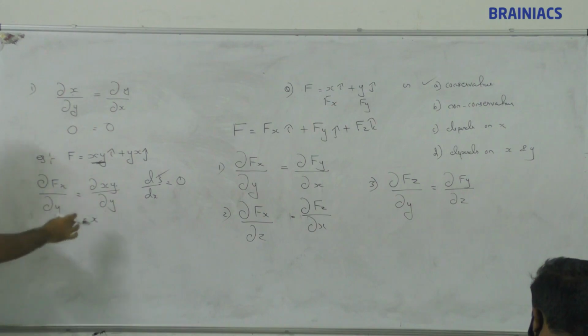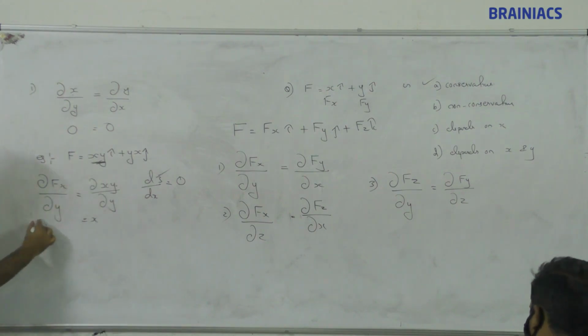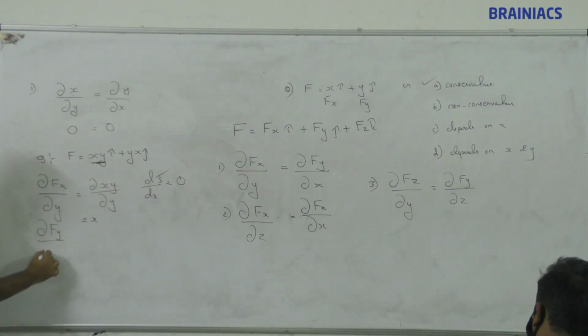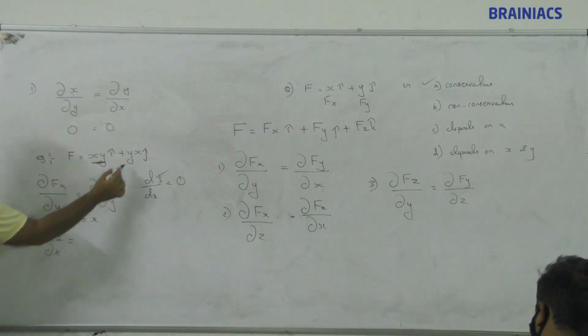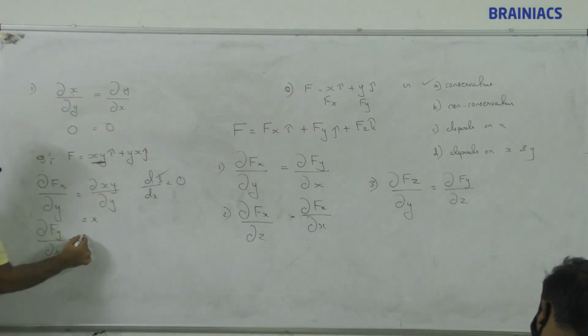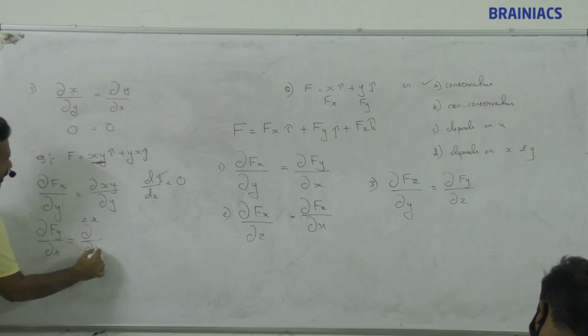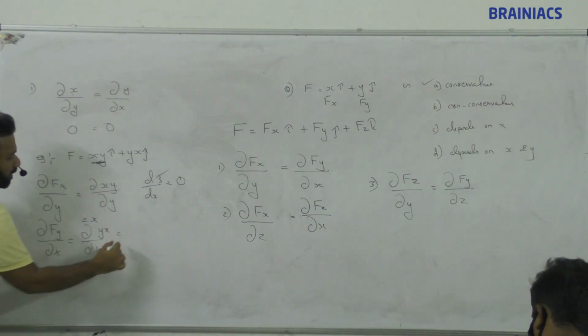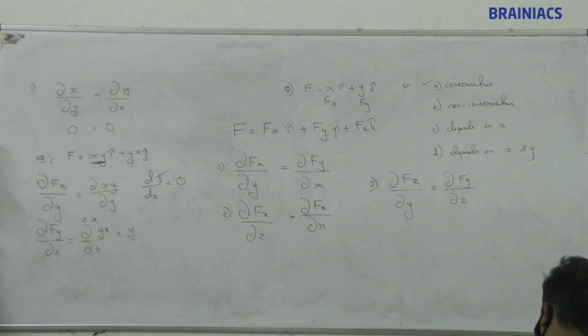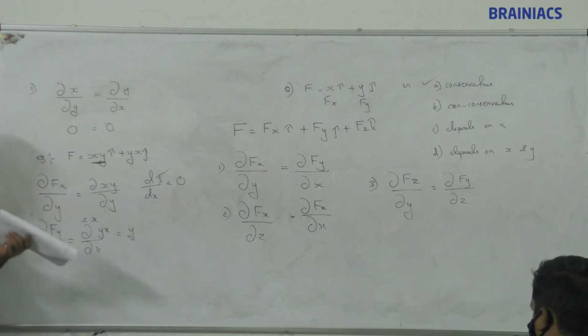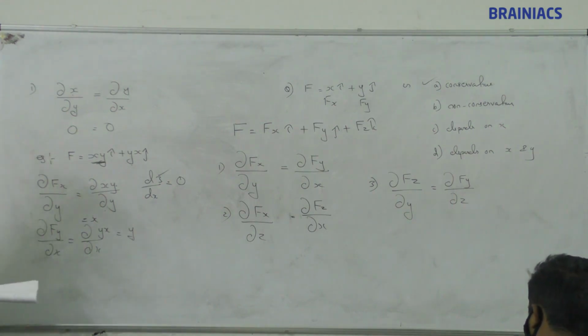If I differentiate this with respect to x, ∂(yx)/∂x will become what? y. So this is not equal, not conservative. This is not conservative, but still not 0. Clear? Understood?